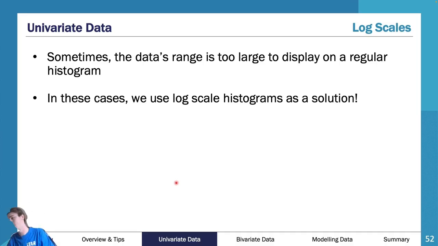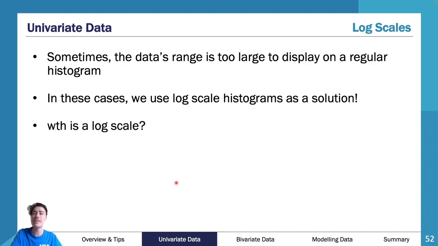But then you compare it with somewhere like China or India, which have over 1 billion people. You put them on the same histogram, and it just doesn't work. You're too far apart. You cannot work with that. Your histogram is going to take up more than one page because you're just spreading it out. Unless you do really big categories, and then that skews it. You're manipulating it incorrectly.